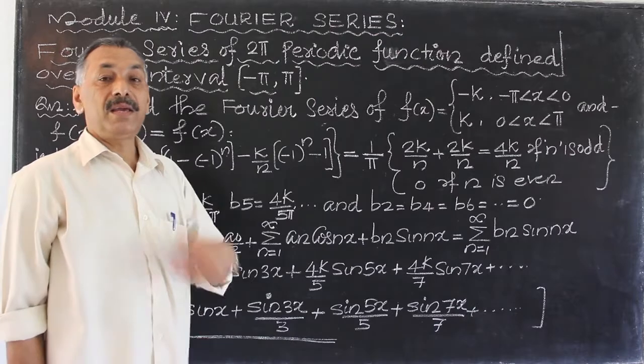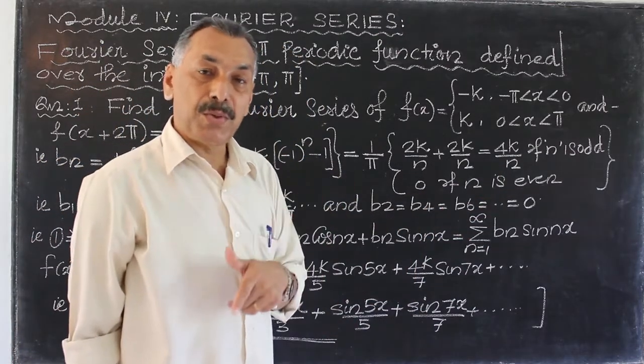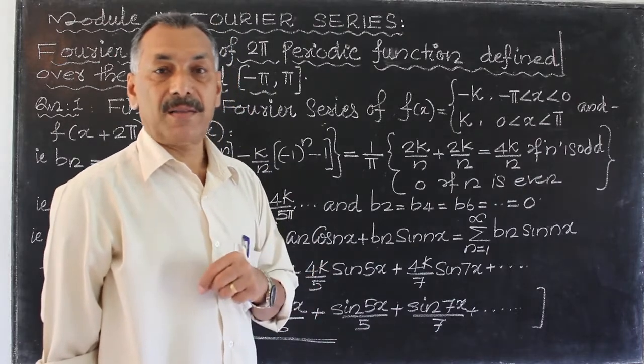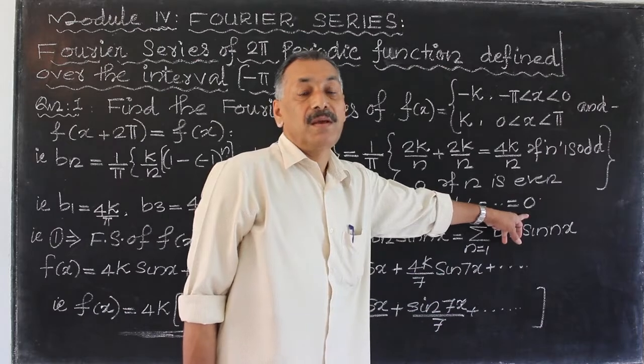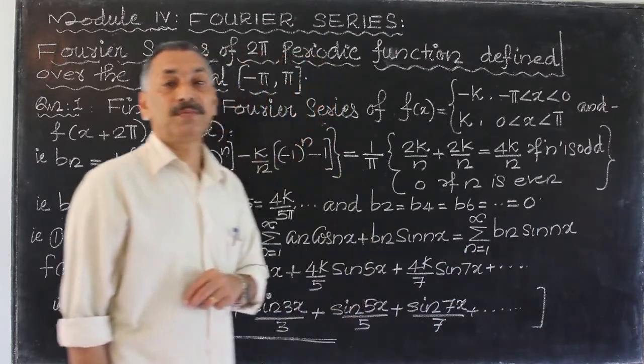Here bn sin nx means b1 into sin x plus b2 into sin 2x, b3 into sin 3x, b4 into sin 4x, etc. Within that, b2, b4, b6, etc. will all be 0. Only the values b1, b3, b5, etc. will exist.